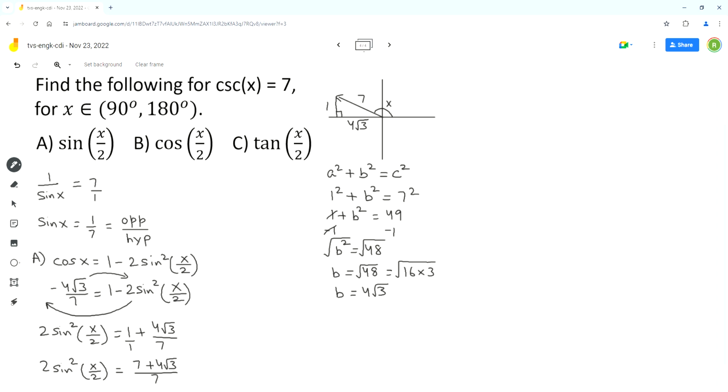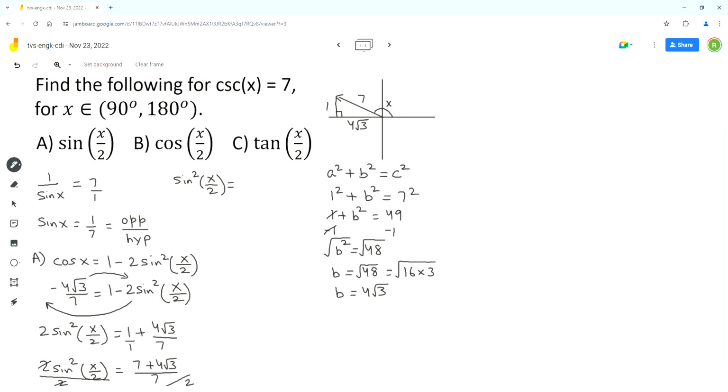Next, we can divide both sides by 2. The 2's on the left side get cancelled out. So we get, now on the right side, we have to divide the fraction by 2.